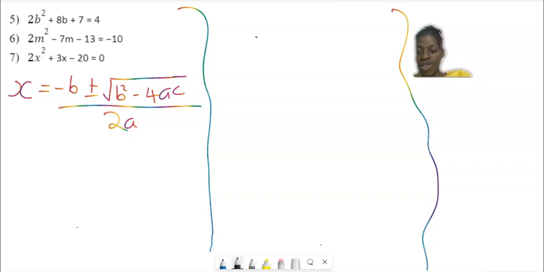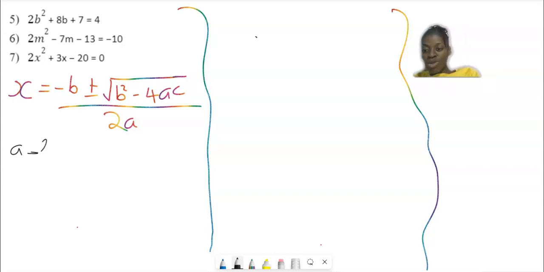So let us make note. In the first question, a is the coefficient of the squared term. Normally we say the x squared term, but the variable in this equation is b, so it's the coefficient of the b squared term, and the coefficient of b in the case of this question.